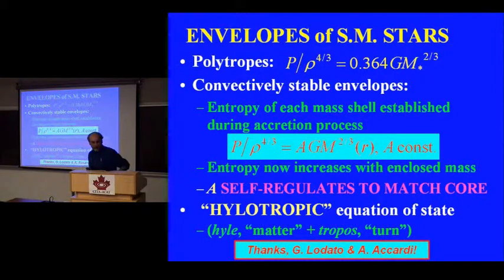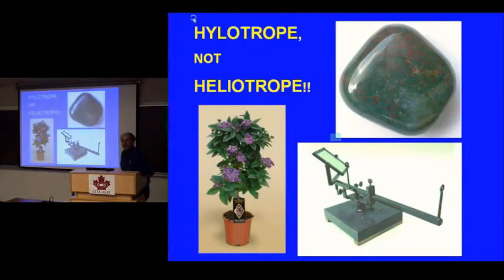She's married to Giuseppe Ludato, who's an astronomer. Now, the reason I'm worried about the pronunciation is that everybody so far has confused this with heliotropes, and I just want to point out that these are hylotropes, not heliotropes. I bet you didn't know that heliotrope was a 19th century instrument from the Royal Greenwich Observatory, as well as being a mineral, so it's not just a plant.